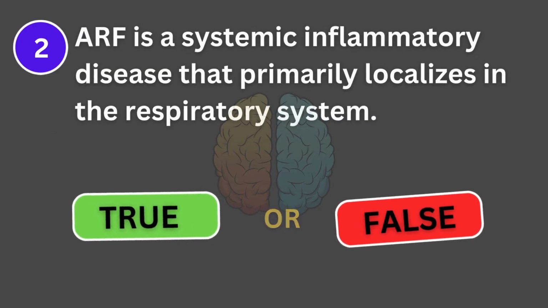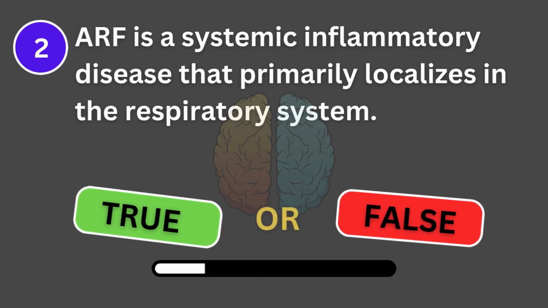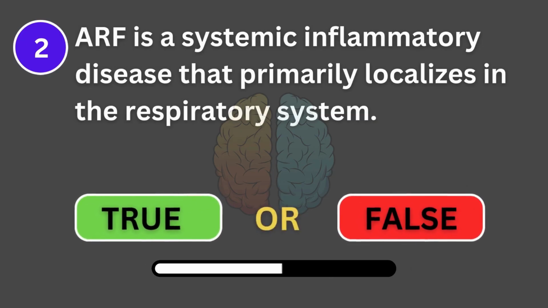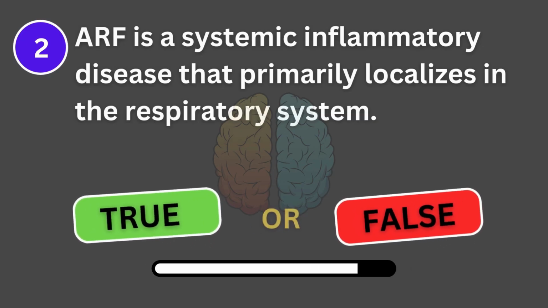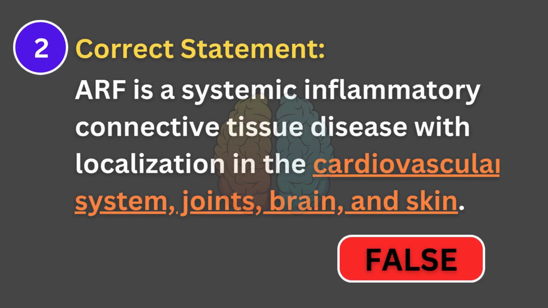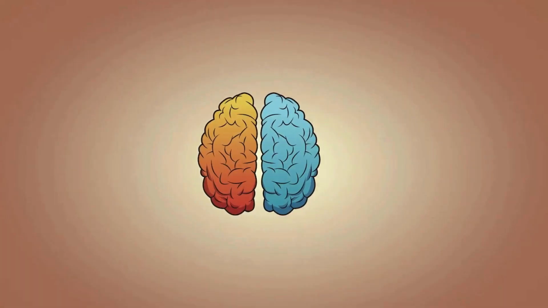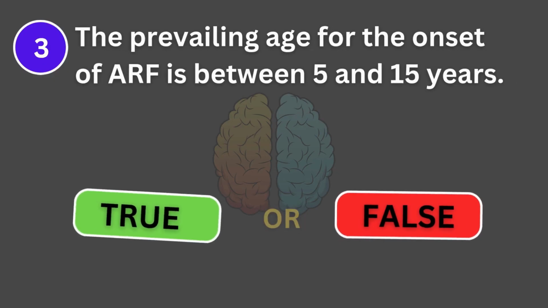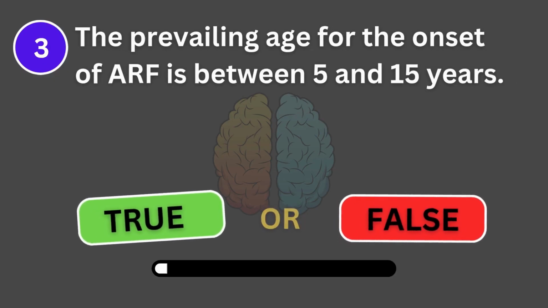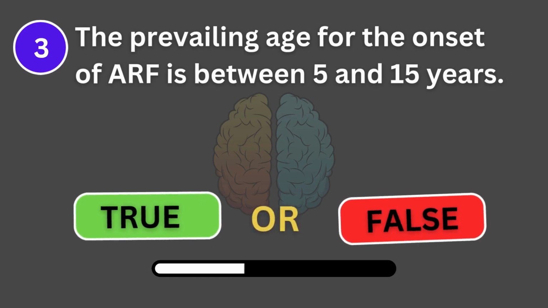ARF is a systemic inflammatory disease that primarily localizes in the respiratory system. The prevailing age for the onset of ARF is between 5 and 15 years.